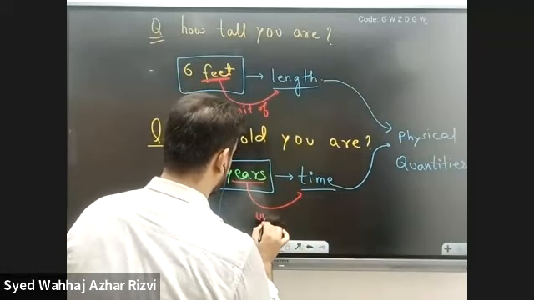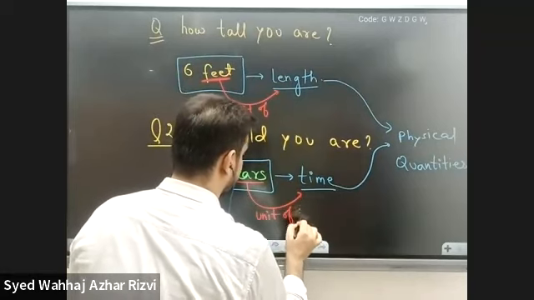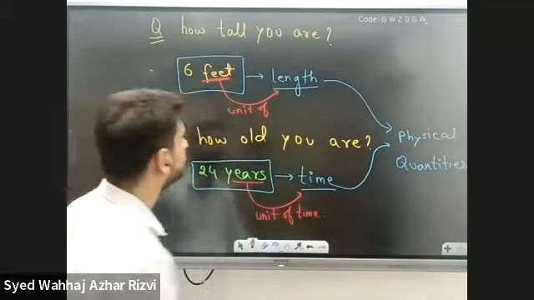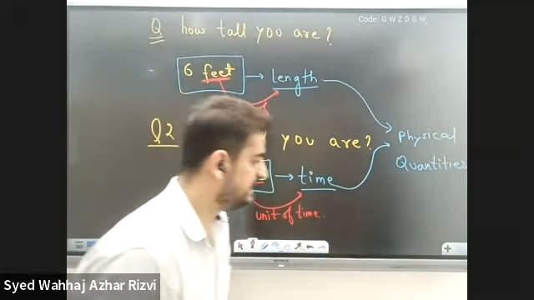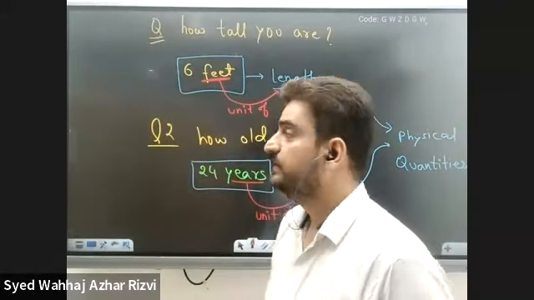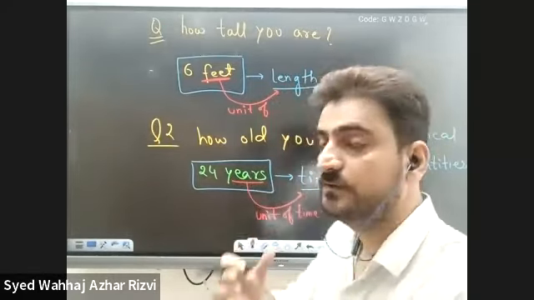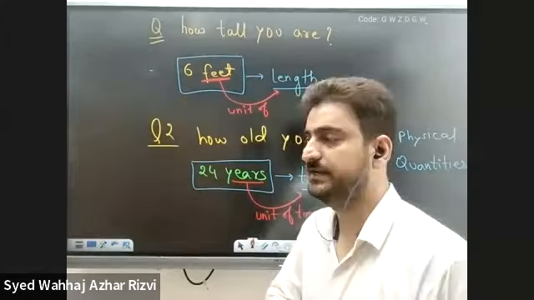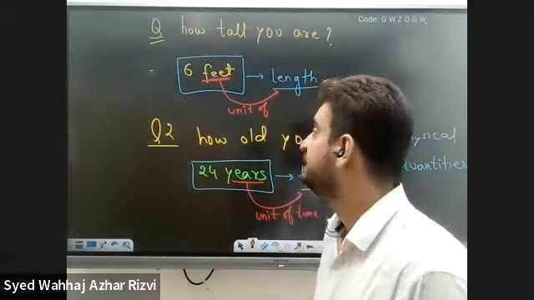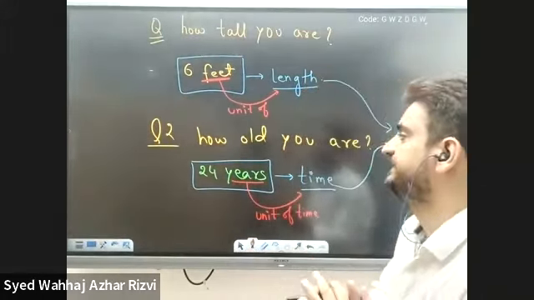So when we are dealing with measurement, we have to ask ourselves, what is it that we are measuring? And the answer to that question is known as a physical quantity.